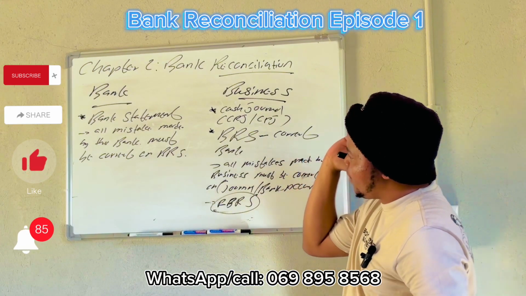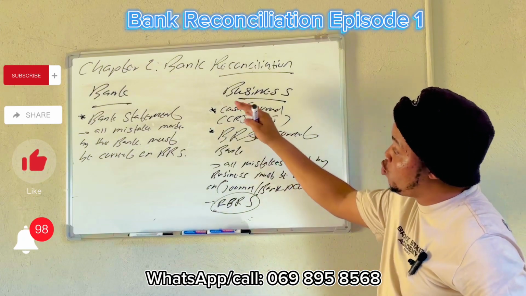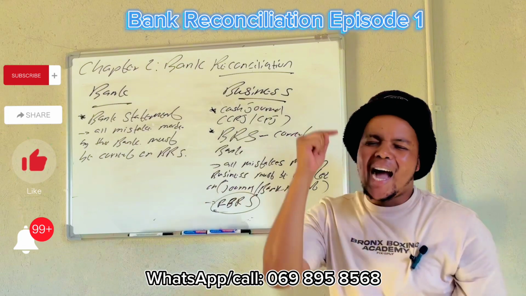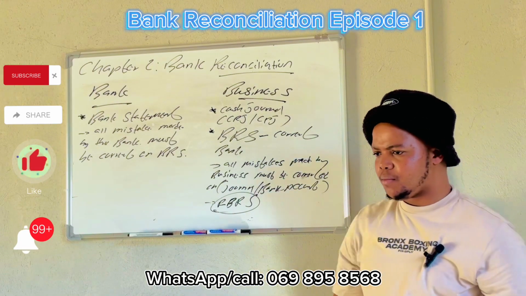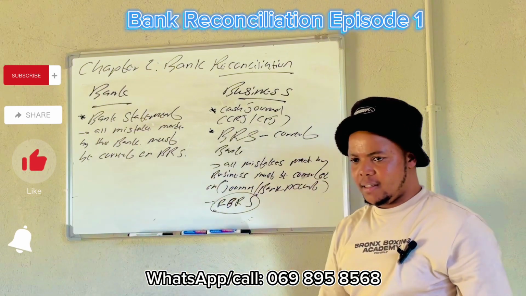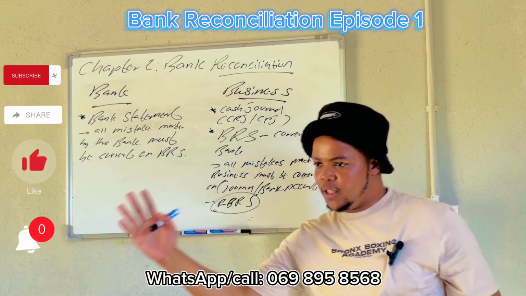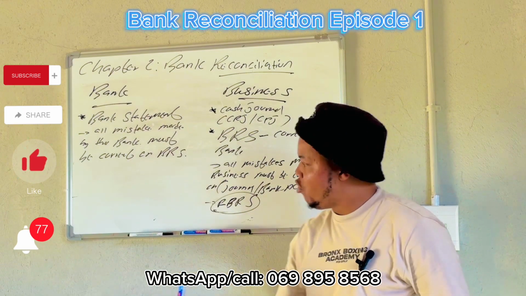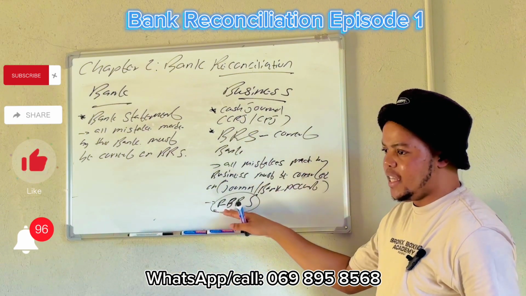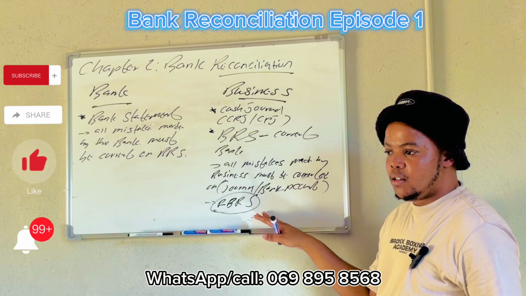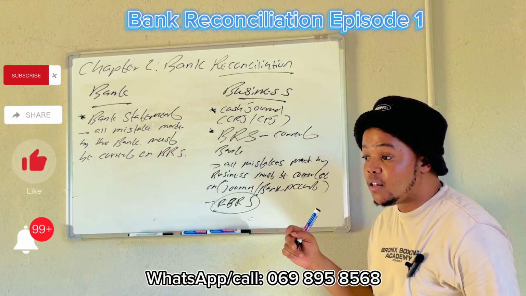And more important, when you read the question on the transactions, ask yourself a question: who made the mistake? We know if it's the bank, it's a BRS, right? What about if the mistake is made on the previous BRS? Where are we going to rectify the mistake?